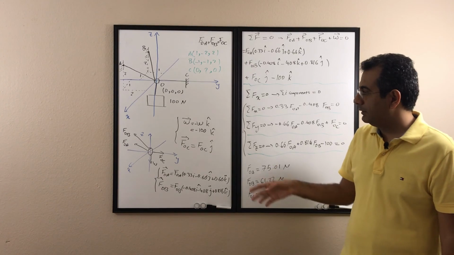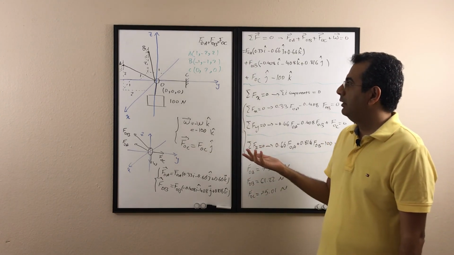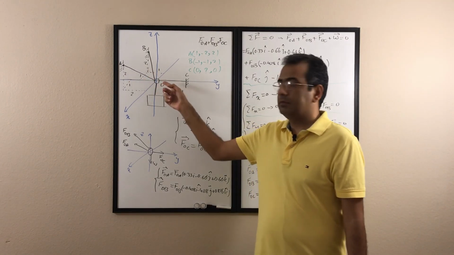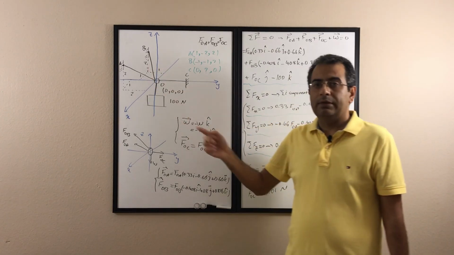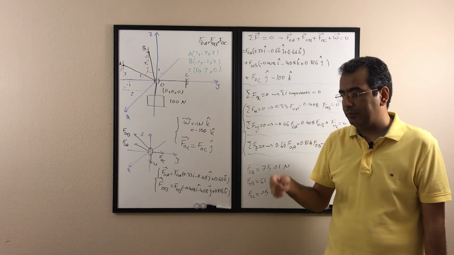If they are actual 3D forces, we have to find a position vector along that force, then find the unit vector along that force, and write the force based on its unit vector.